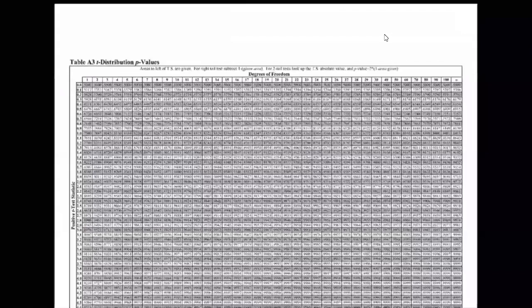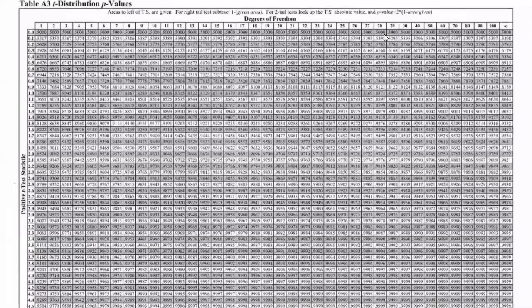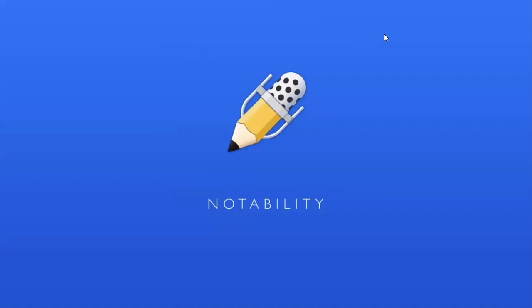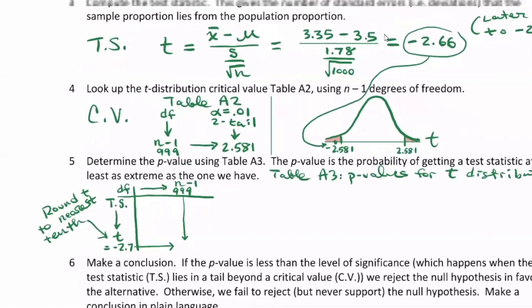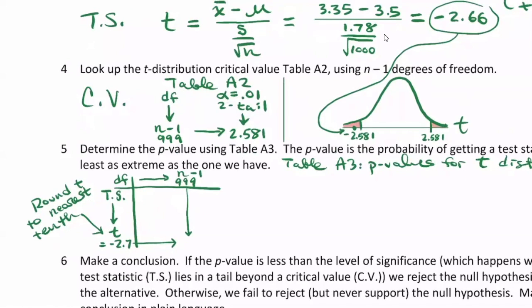And this is sort of a dense table. Yikes. What did I say? Negative 2.7? Yeah. So there's a place for negative values or positive. So negative 2.7 is on the second page of the table.